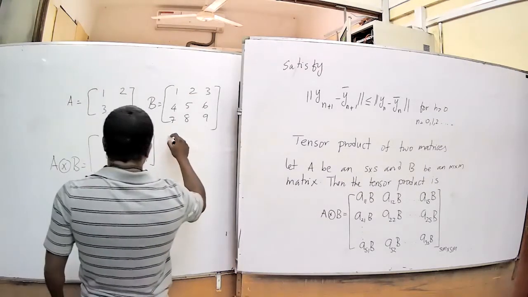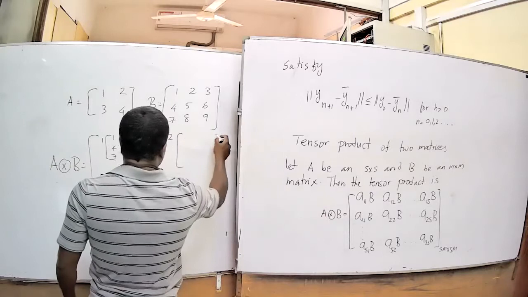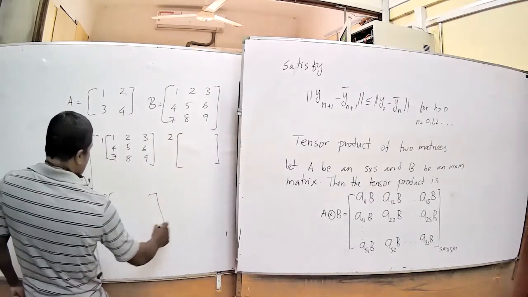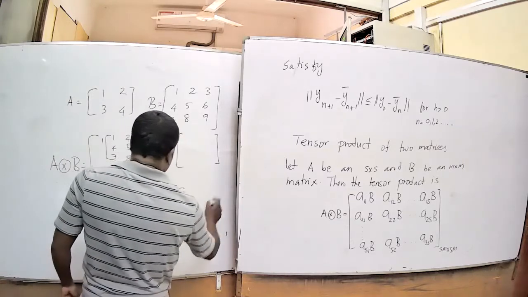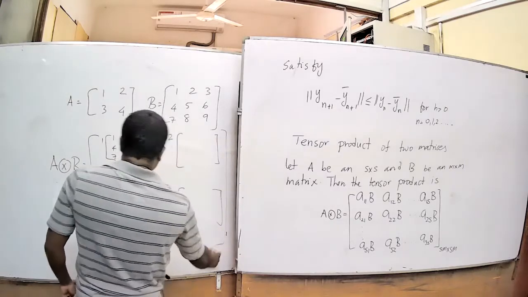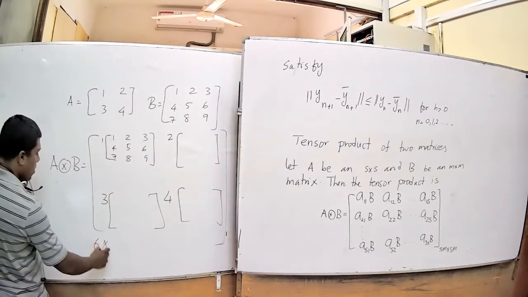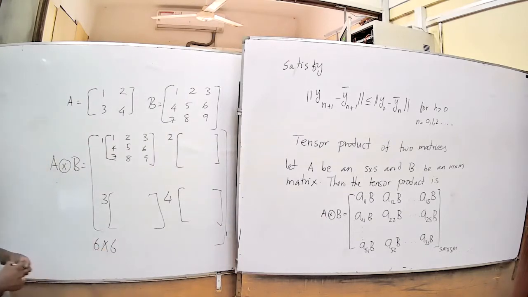Then the second block is 2 into this, 3 into this, 4 into this, right? So if you write it down, you will get a 6 cross 6 matrix. That is how you do the tensor product, right? We will use this idea of tensor product to verify some properties of B stability.